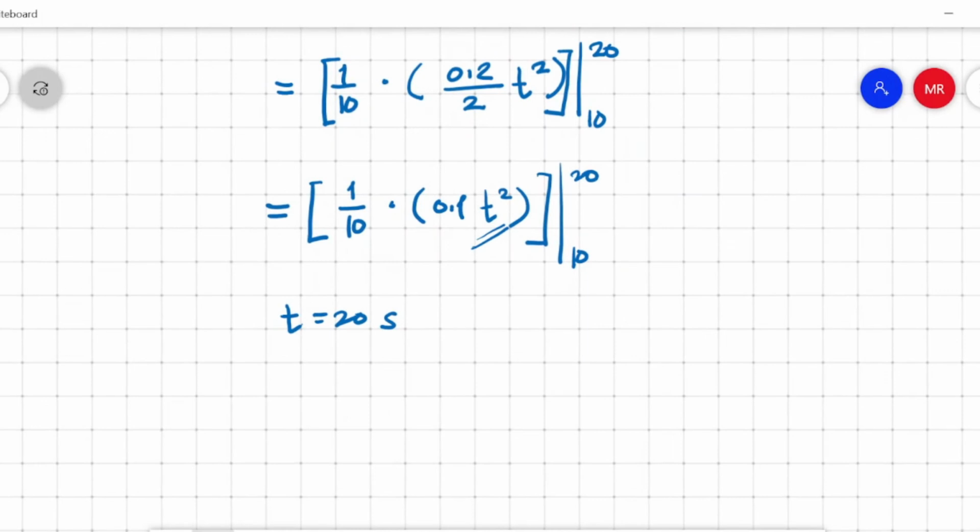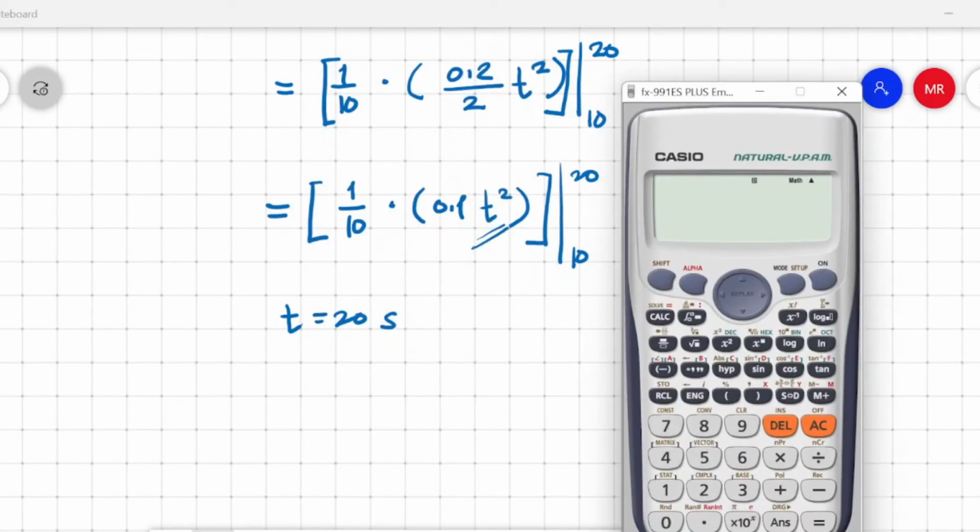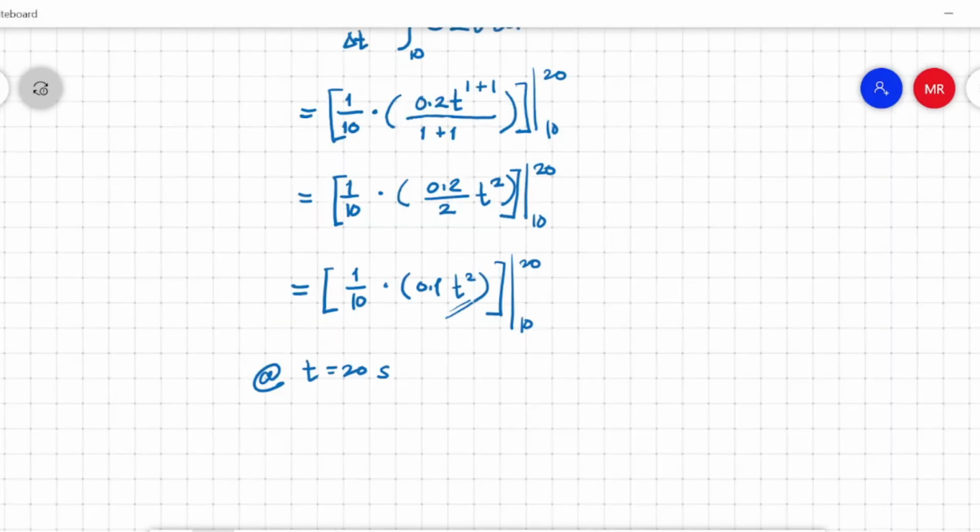Let's try to solve. So we'll have 1 over 10 times 0.1 times t squared, 20 seconds squared. So we have 4 at time 20 seconds. The value will be 4. So at time 20 seconds, let's say acceleration 2 is 4 meters per second squared.